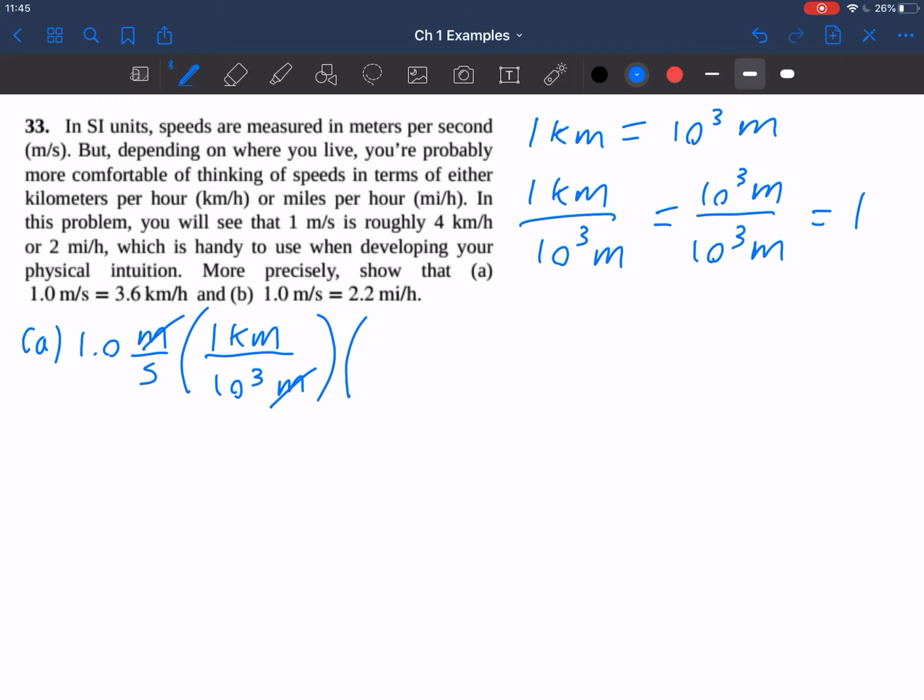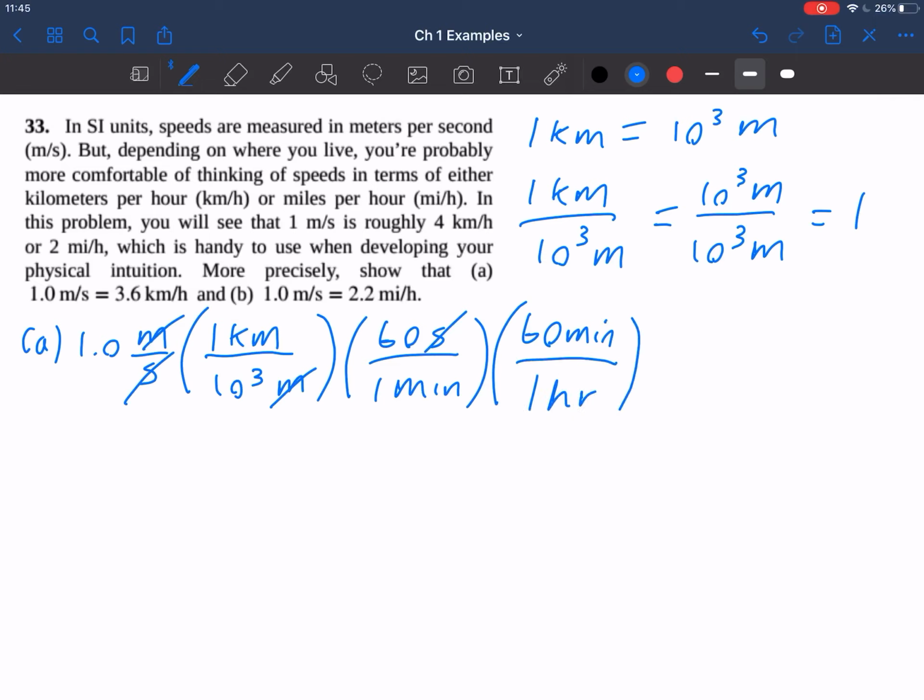There are 60 seconds in 1 minute, so I can cancel out those seconds, and now I have a measurement in kilometers per minute, and now I know there are 60 minutes in 1 hour, so my minutes cancel out.